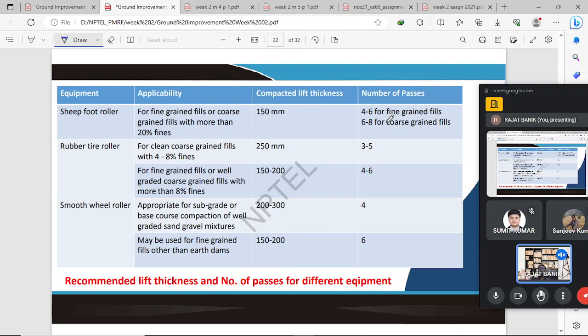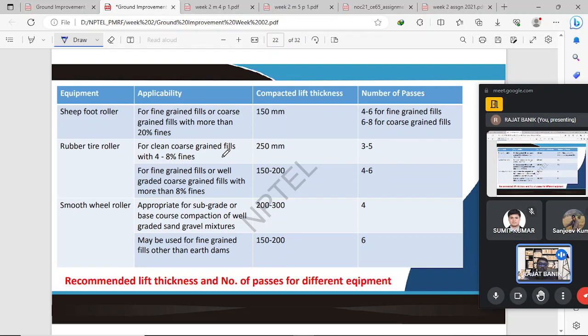Then there comes the rubber tire roller. The rubber tire roller is applied for coarse grain soils with 5 to 4% fines. That means when clean coarse grain soil with 5 to 4% fines is available in the ground, we can go with the rubber tire roller.